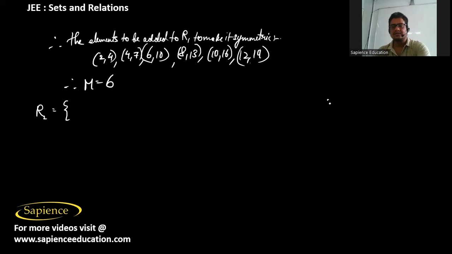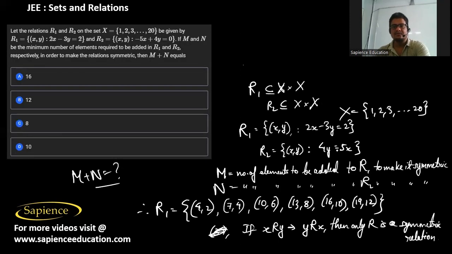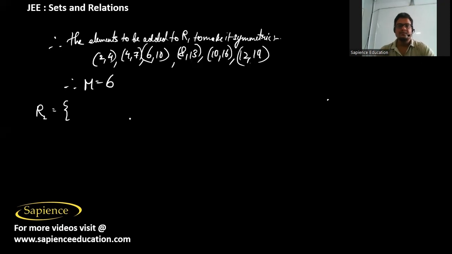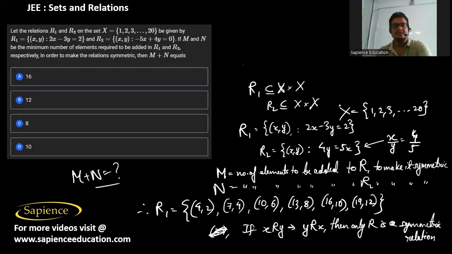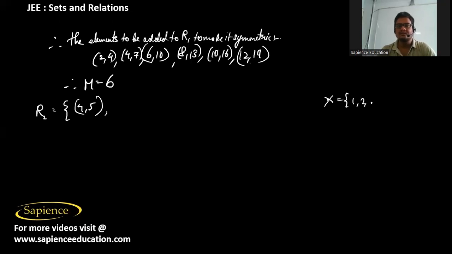So x is related to y if x by y is equal to 4 by 5. So here x by y should be equal to 4 by 5. So it means we can take (4, 5), and x is the set 1, 2, 3, 4 till 20.